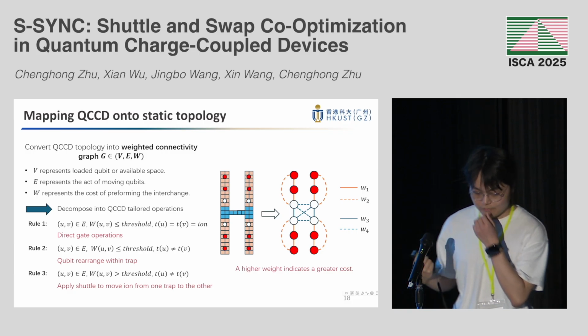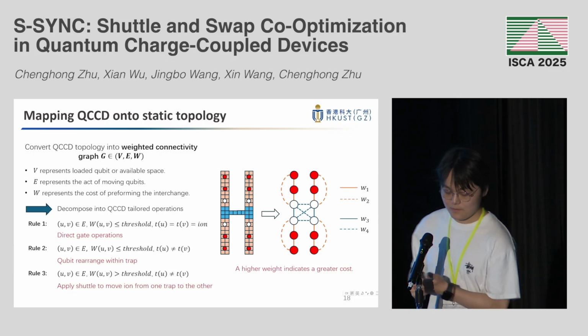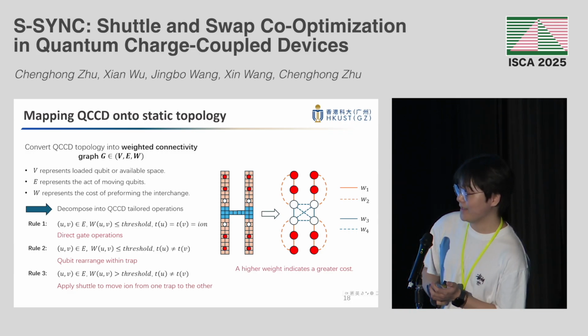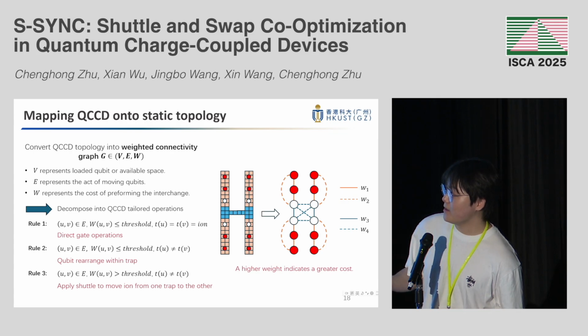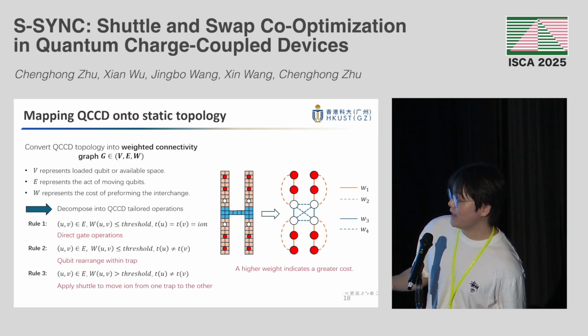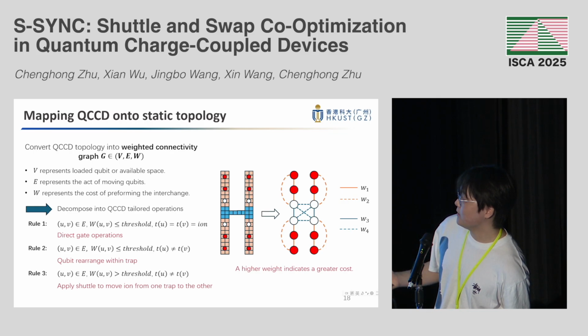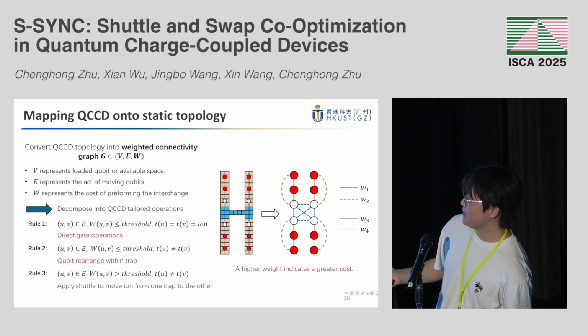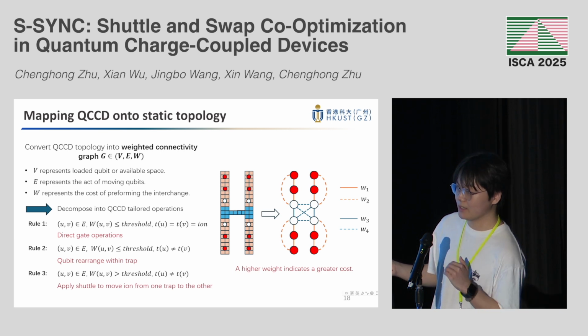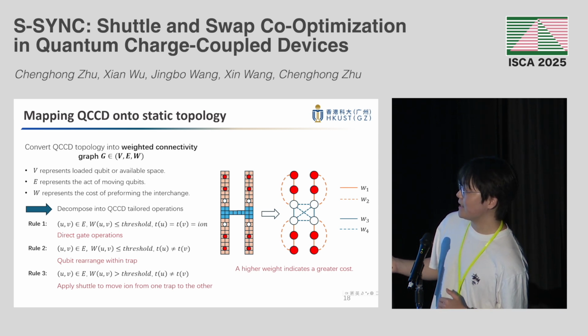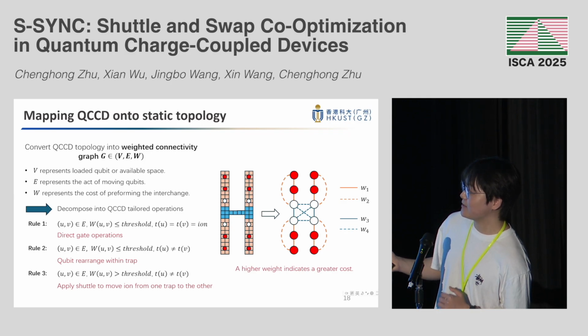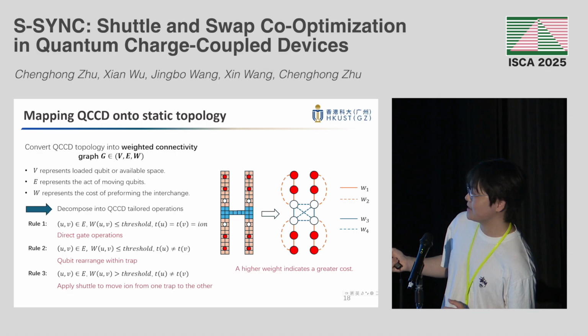To solve this, we mainly use well-known techniques. That is, we formulate the QCCD topology as a weighted graph. We convert the topology into this graph, where each red circle means ions are already loaded in the trap, and the white circles mean there is still some room for incoming ions.